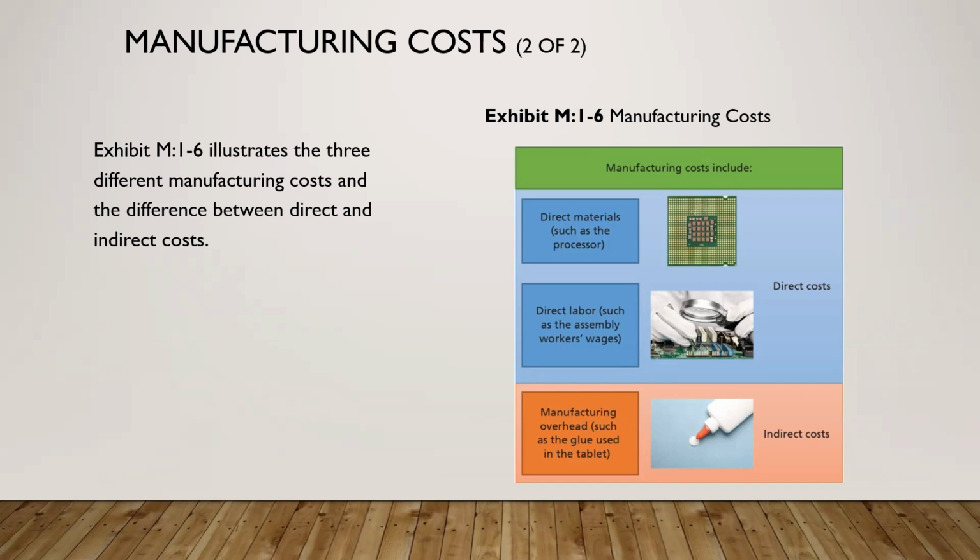The manufacturing overhead, such as what you see here, is the glue that is used in the tablet. And then you have the direct materials and direct labor, which are your direct costs, and your manufacturing overhead is an indirect cost.